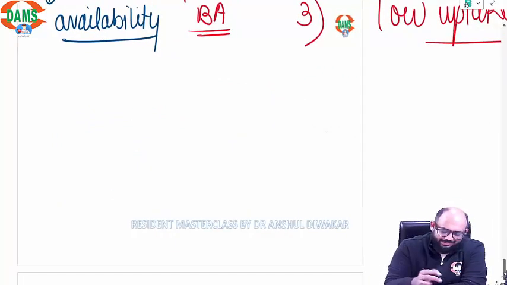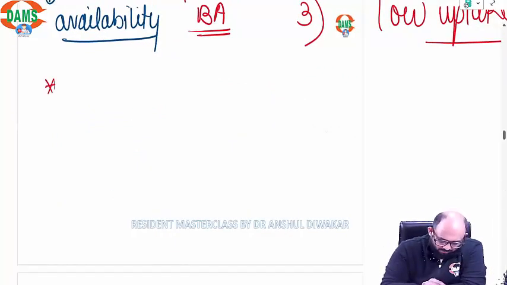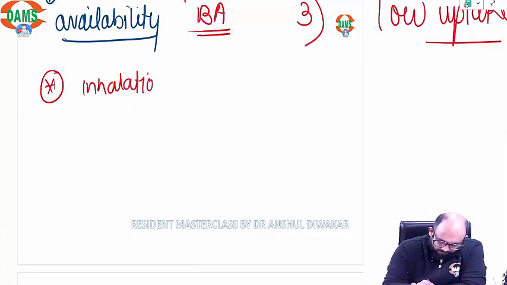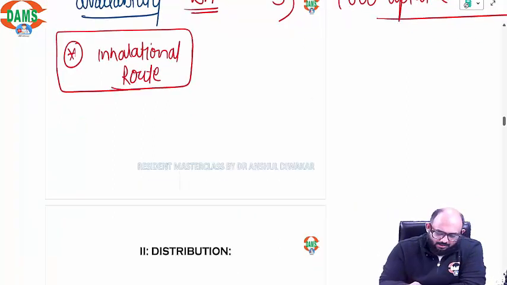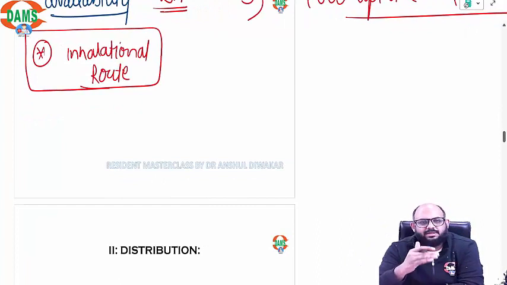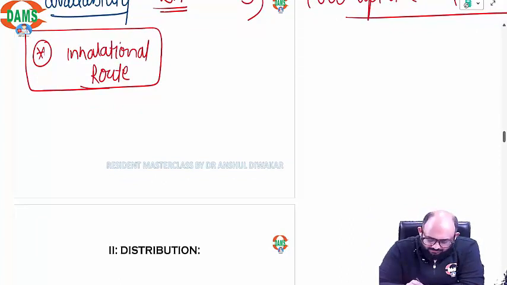Let's talk about inhalational route. We are going to discuss this route in great detail, but we have to understand that when we give a drug inhalationally, then we are wanting two types of action.